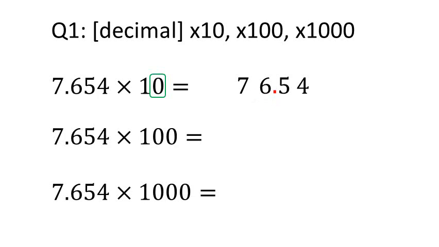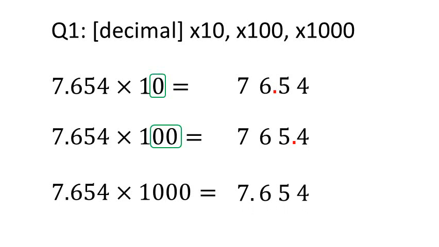So the answer is 76.54. Another example, 7.654 times 100. Since 100 has two zeros, you need to move the decimal point two places to the right. So the answer is 765.4.